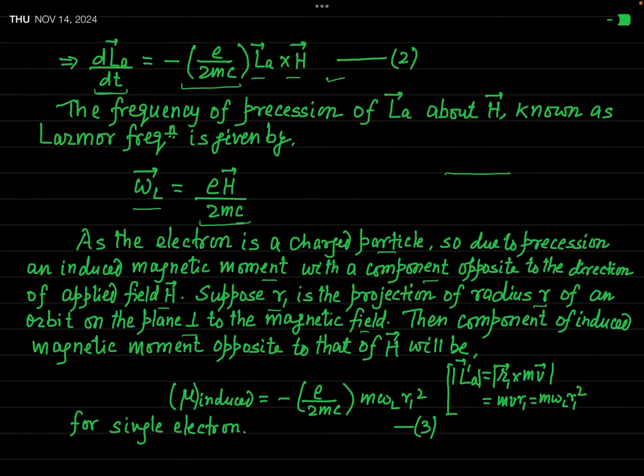If this is, let us say, the radius r and its projection is R1, with this angle theta, and this is the direction to which the magnetic field is perpendicular. Then the component of induced magnetic moment opposite to the field H will be what?